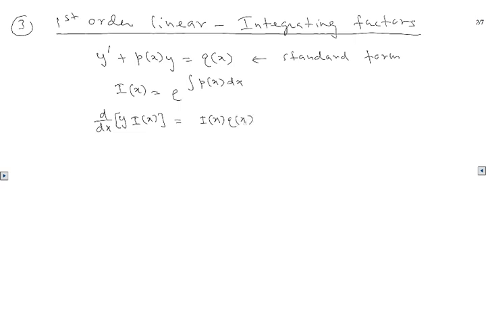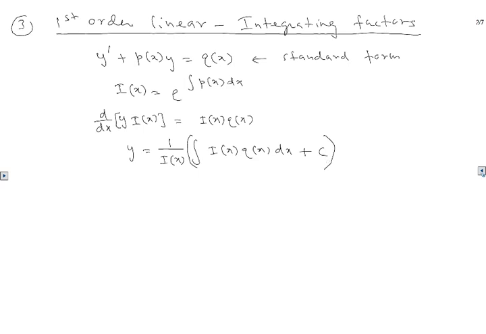Now we can integrate the two sides, and then you divide by I(x). So we can write y as one over I(x), the integral of I(x) q(x) dx, and we add the c there. That's the formula you're going to get for integrating factors.